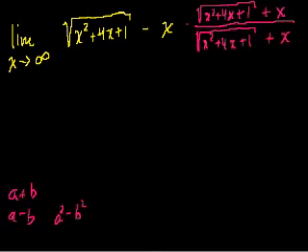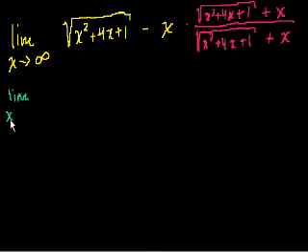Let me erase this stuff down here so we don't get distracted. And so what do we have? This will become the limit as x approaches infinity. Well, this is a minus b times a plus b, so we end up with a squared. Well, what's this squared? That's x squared plus 4x plus 1, minus b squared.